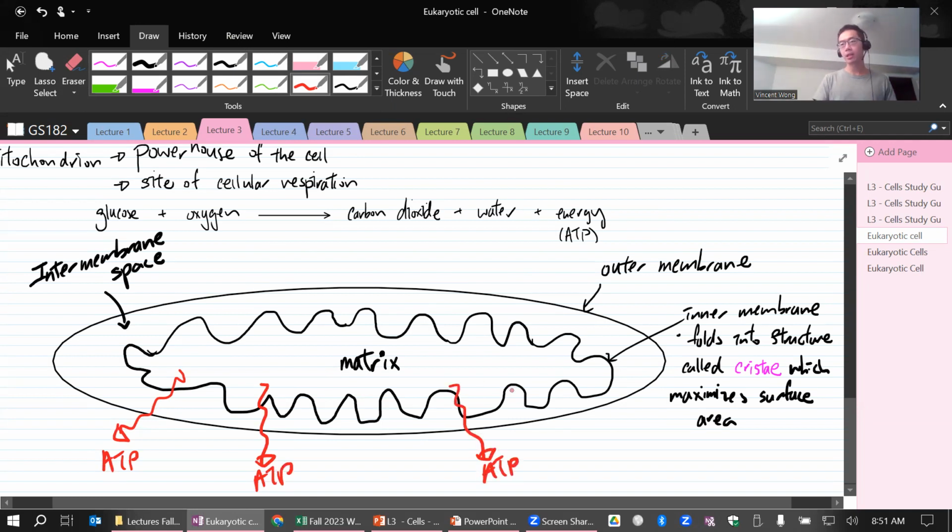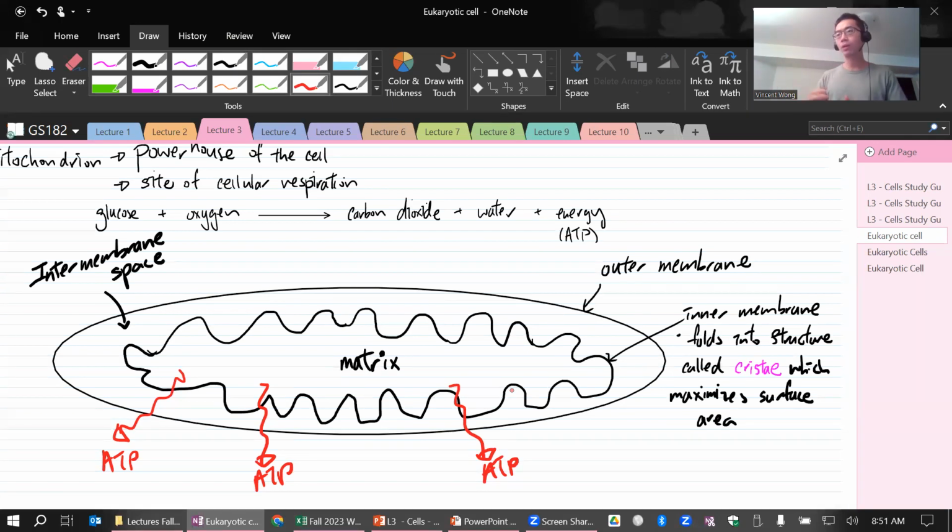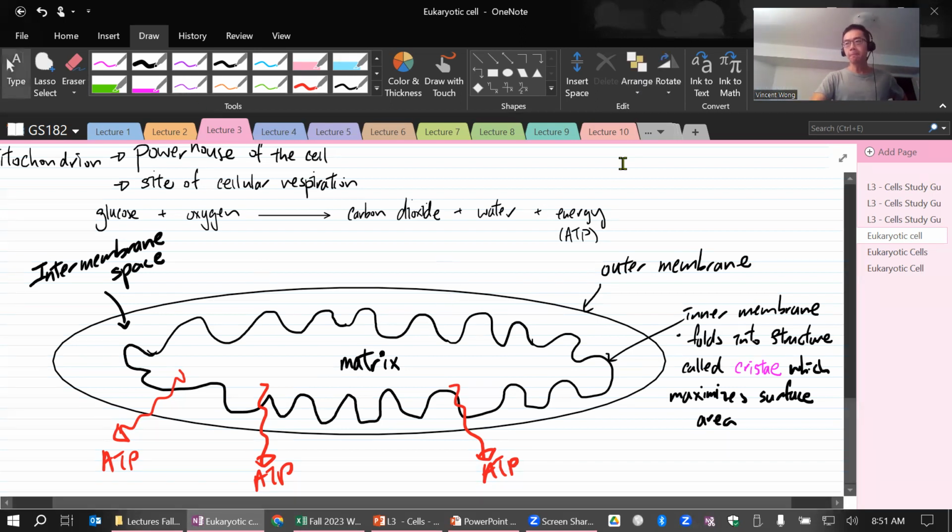ATP can be used by the cells to do various things: to move things around, to do chemical reactions, to build things, all of which require energy in the form of ATP.